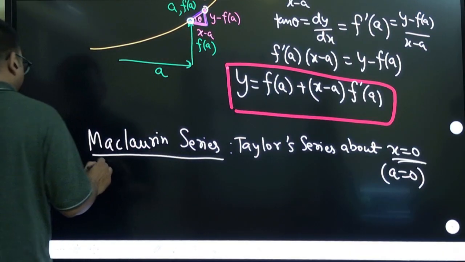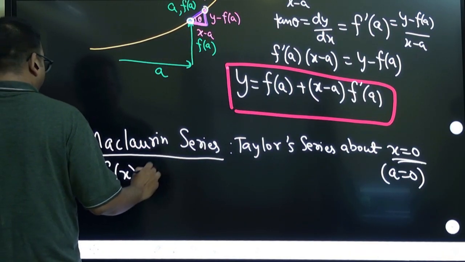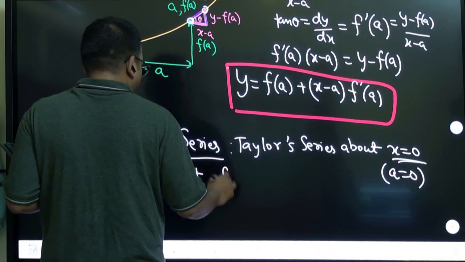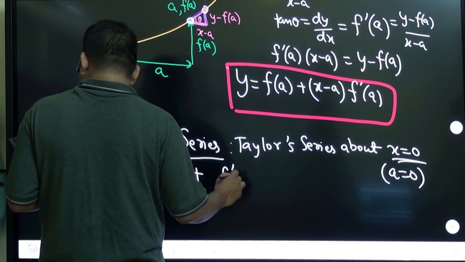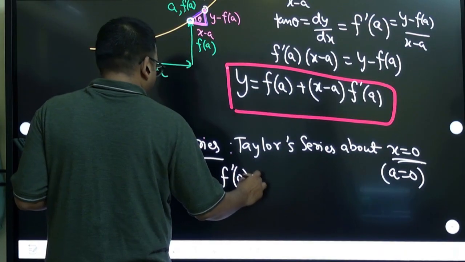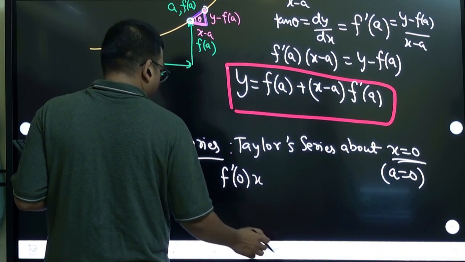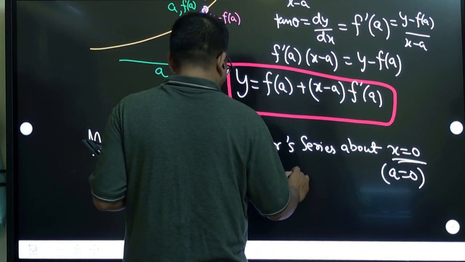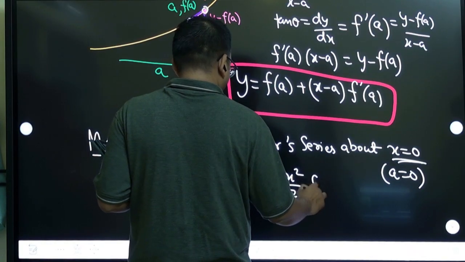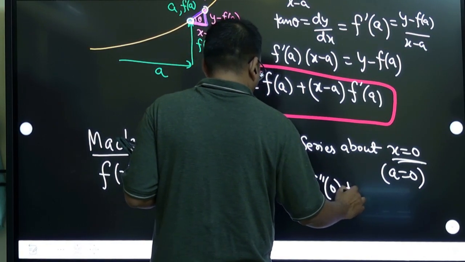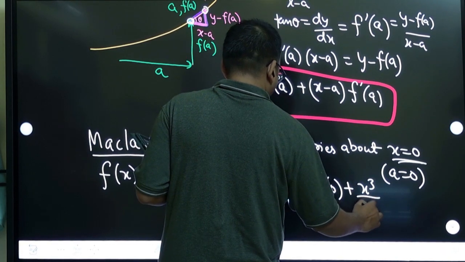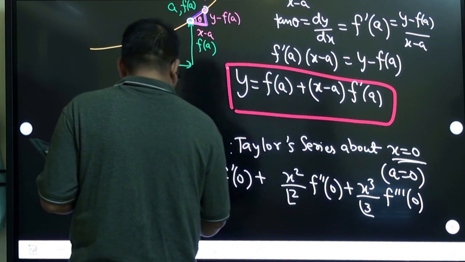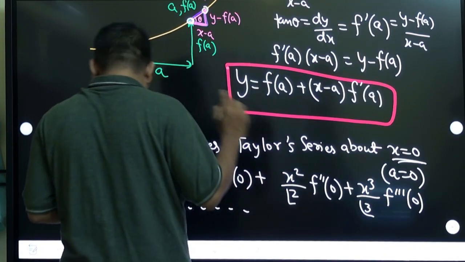So if I put a as 0, then f of x becomes f of 0 plus x into f dash 0 plus x square by factorial 2 into f double dash 0 plus x cube by factorial 3 into f triple dash 0. Like this you can continue as far as you want.